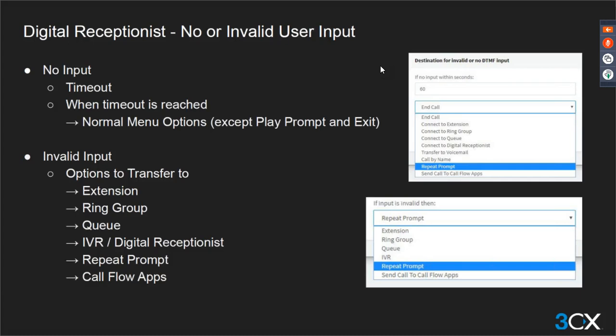Now, when an invalid option is entered 3 times, for example, somebody tries to dial an extension from the direct dialing functionality and dials an invalid extension, the PBX provides the option to transfer the call either to an extension, a ring group, another digital receptionist, to repeat the prompt, or send the call to a call flow option.